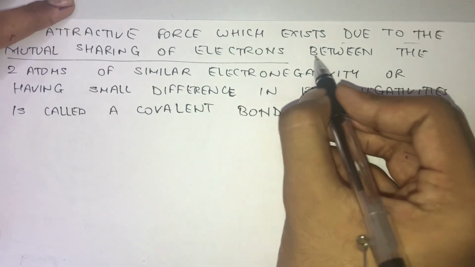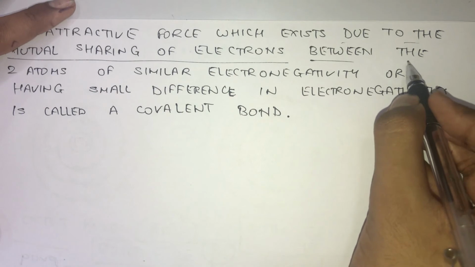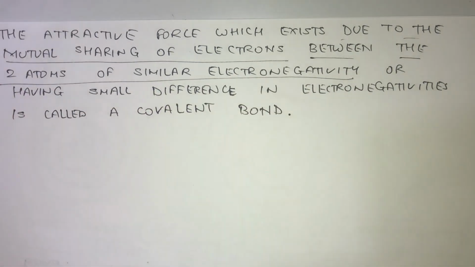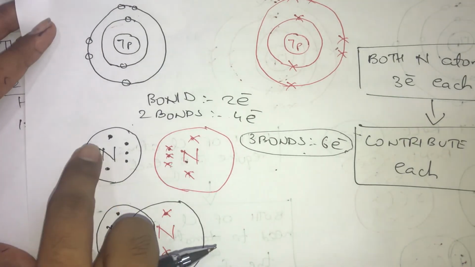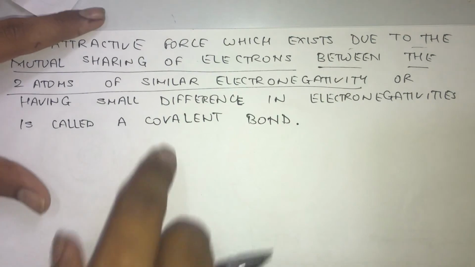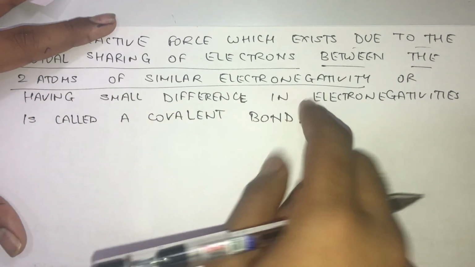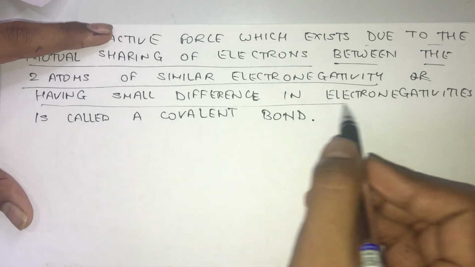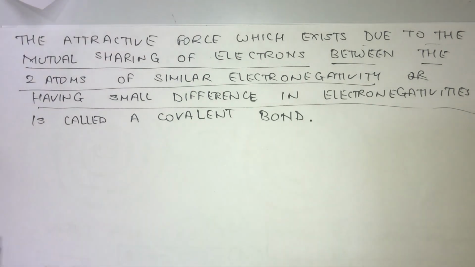Between whom? Between the two atoms of similar electronegativities. As you can see over here, obviously the two atoms of nitrogen have the same electronegativity. Between the two atoms of similar electronegativity, or even between atoms having a small difference in electronegativity, is called a covalent bond. So this is a simple definition.